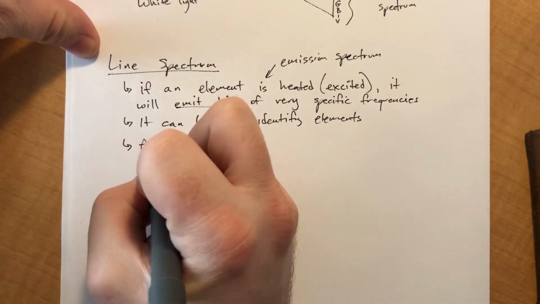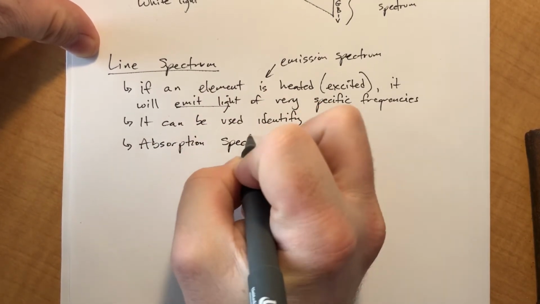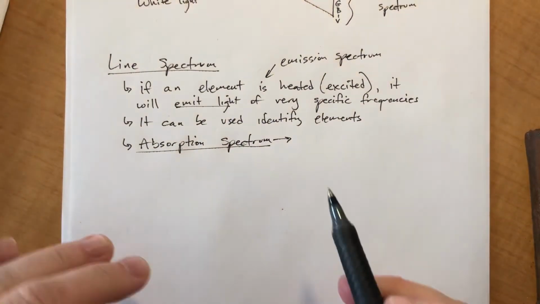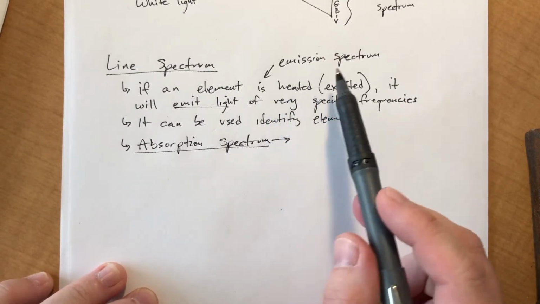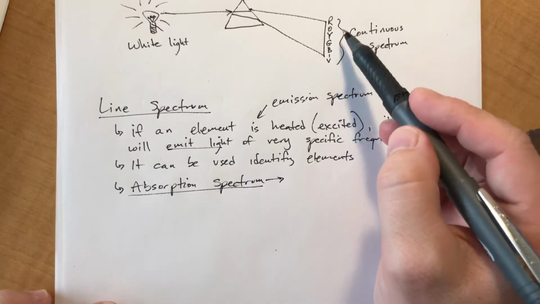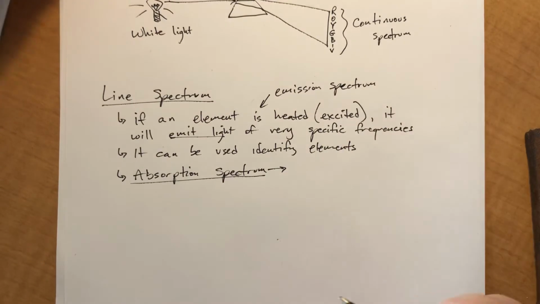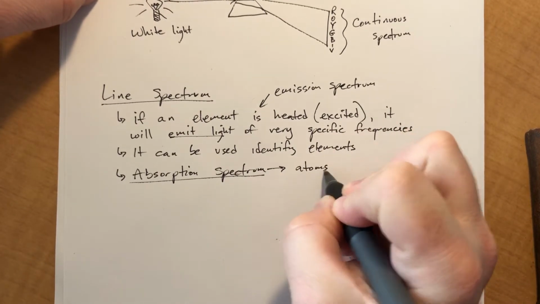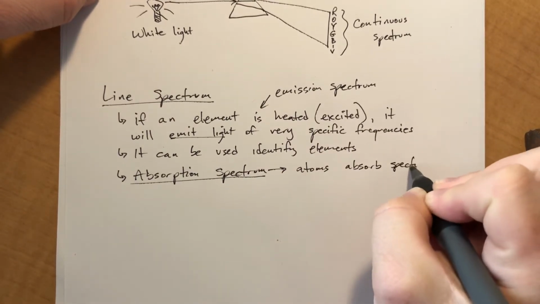There's also something called an absorption spectrum. If you shine white light onto a pure element, it will absorb exactly those same frequencies, and what you'll get is a rainbow with those colors missing. It's like the opposite of an emission spectrum. So basically, atoms also absorb specific frequencies.